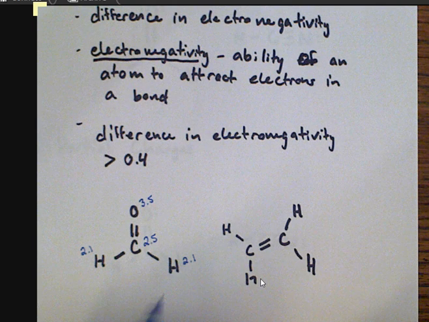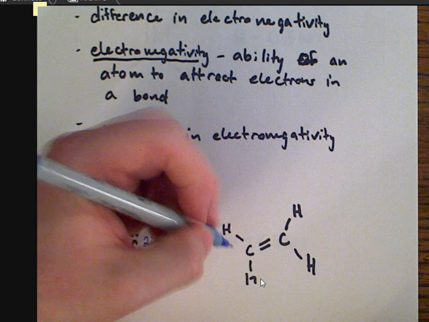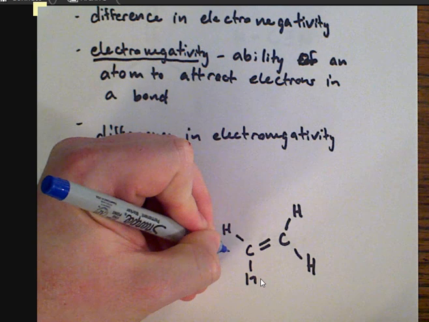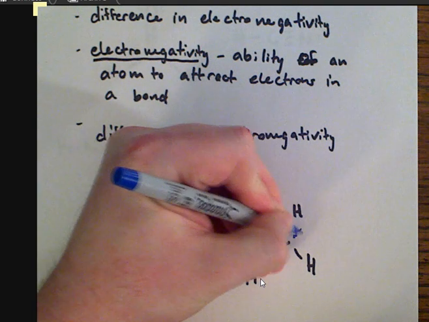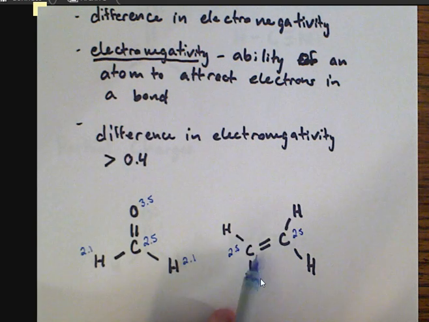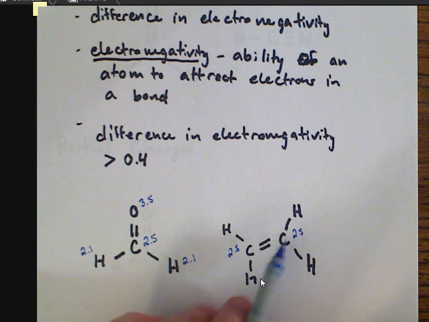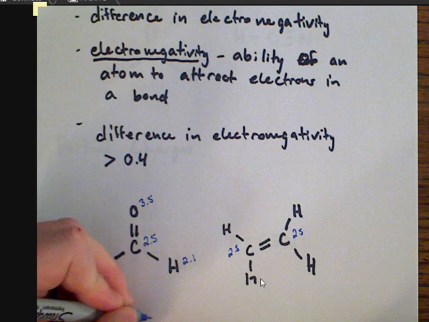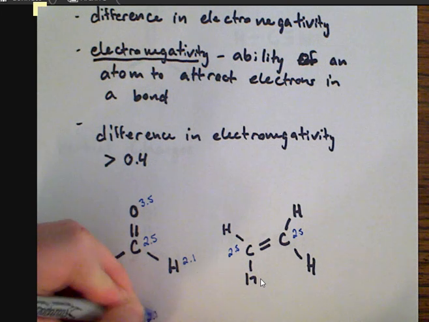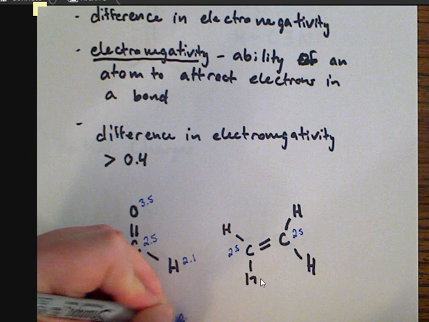Also, if we go over here to this example, anytime you have an atom that is bonded to itself, there's no difference in electronegativity at all. So this carbon-carbon bond is also nonpolar, in addition to all the carbon-hydrogen bonds being nonpolar. Down in this last one, again, we've got a carbon-hydrogen bond that we know is nonpolar.